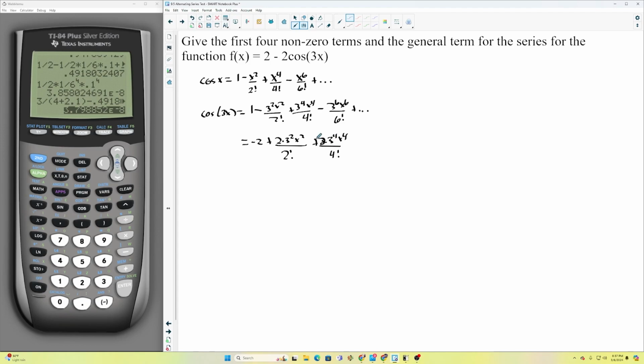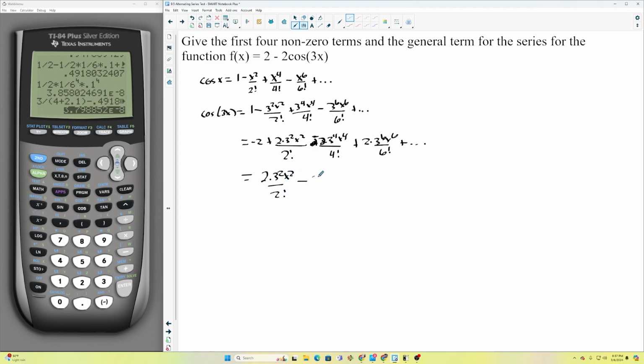What do I multiply by? -2. That'll be plus, this will be minus. Plus 2 times 3 to the sixth, x to the sixth over 6 factorial. Keep on going. And then we're just going to add 2 to all this. All right, so we're adding 2, so that removes that. So we have this.